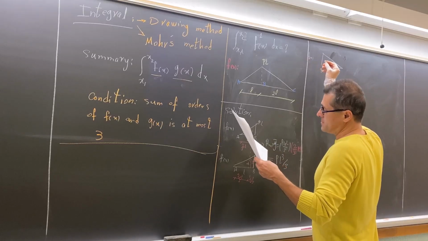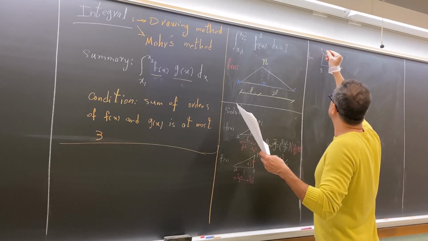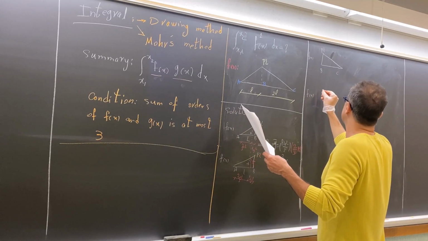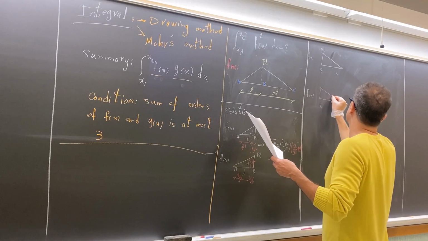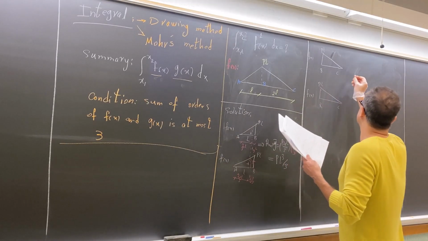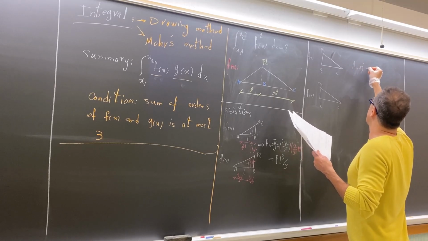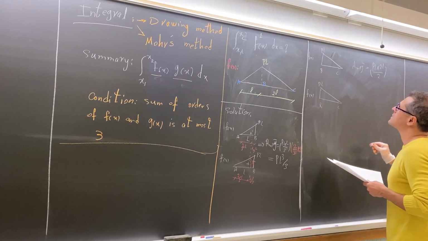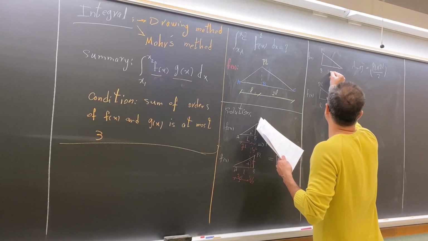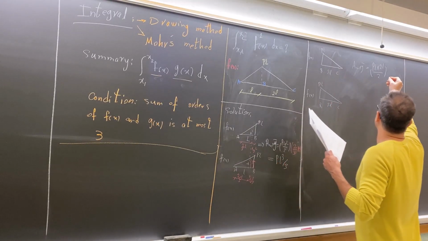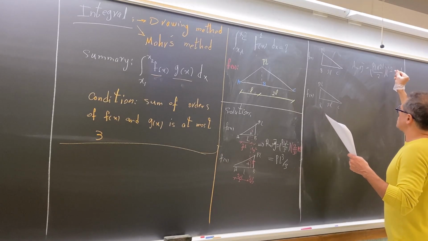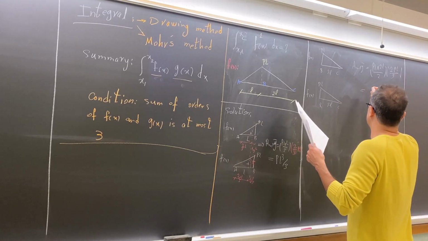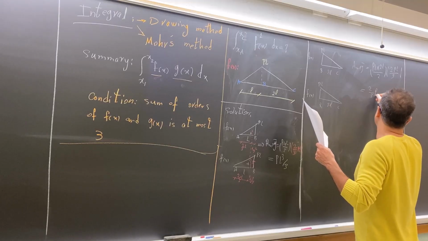So this is F. This is PL and F. We just repeat PL, so AM times Y bar is PL times 2L over 2, because this is 2L. And Y bar is 2L over 2/3 of PL. And it is positive, so the final answer is 2 over 3 PL cube.